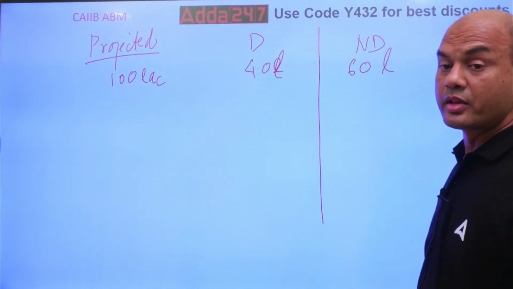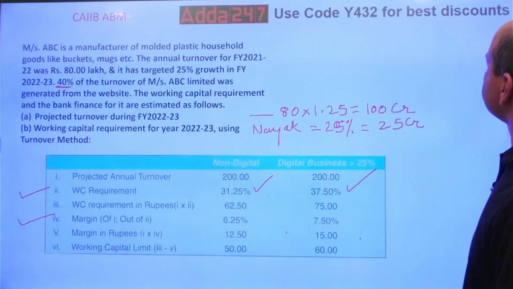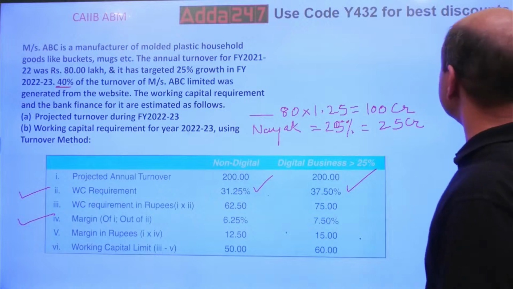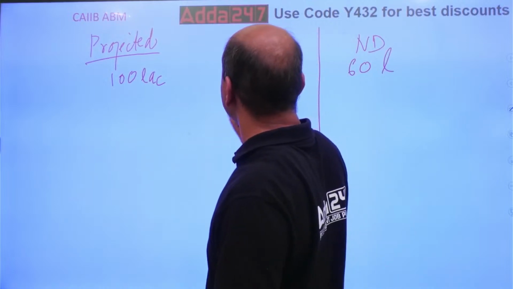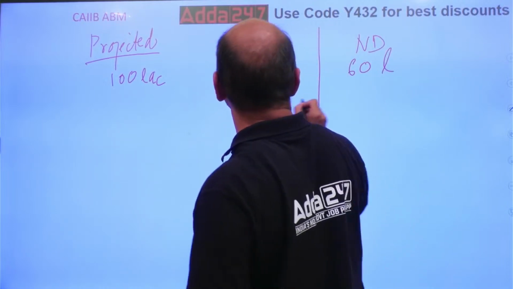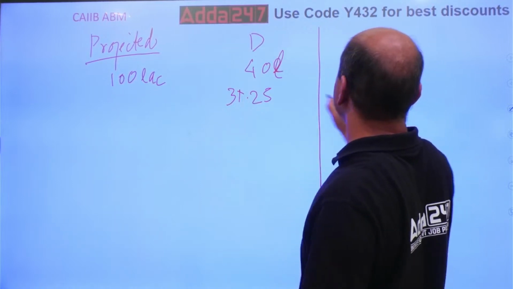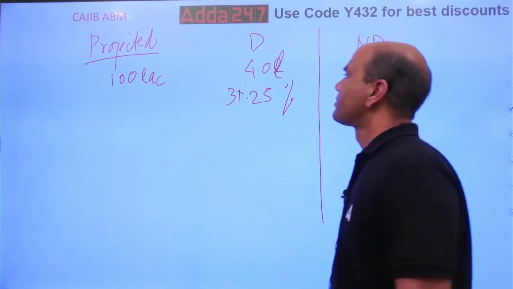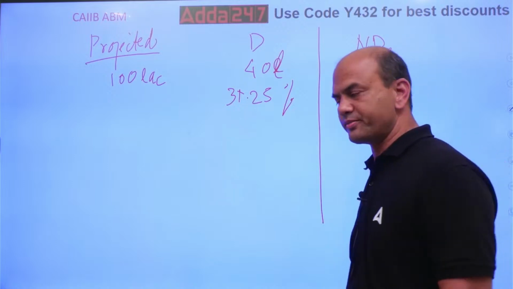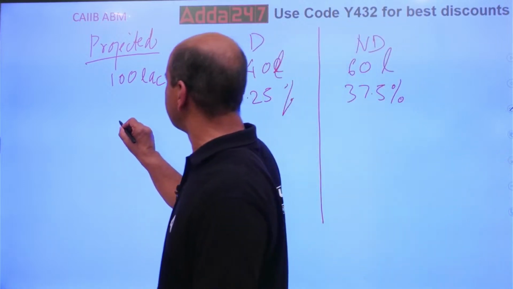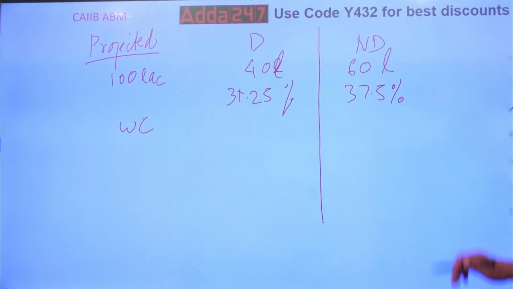Right? Now what was that percentage? 31.25 and 37.5%. So multiply this, get the answer. What is the WC requirement?